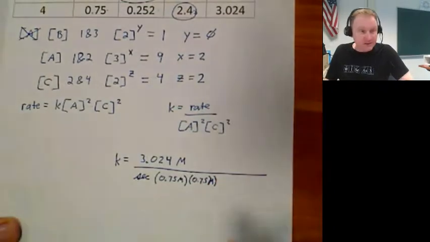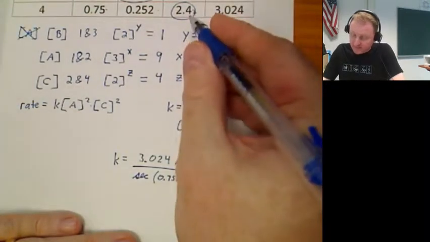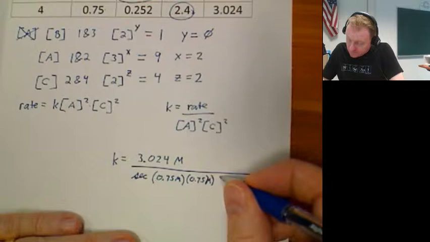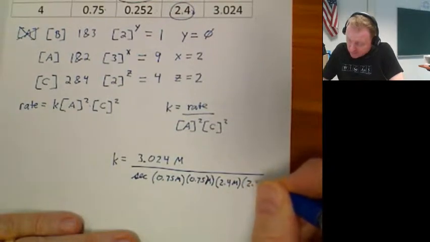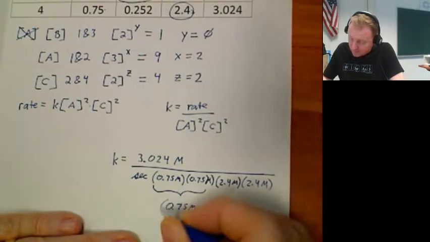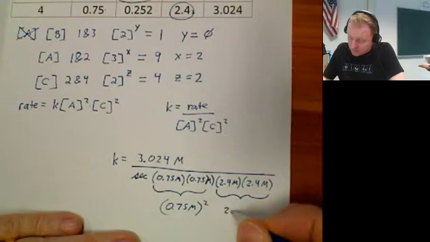And then we are also going to have C squared. That's the 2.4, so 2.4 molarity times 2.4 molarity. I put it twice because it's squared.